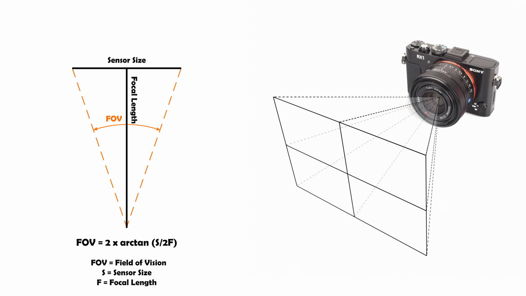The formula is: field of vision is 2 times the arctangent of S divided by 2F, where S is sensor size and F is focal length.